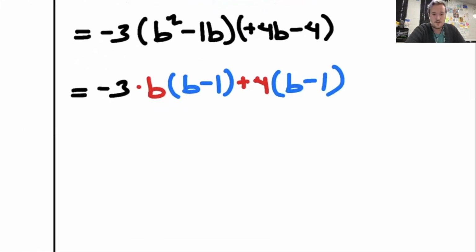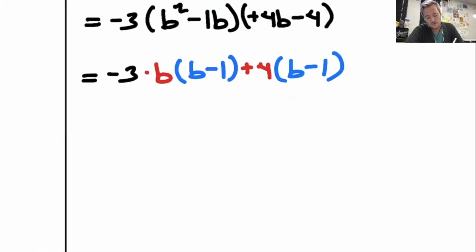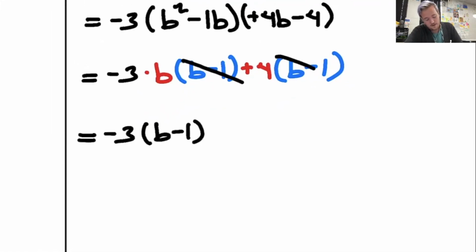So they're the exact same. Now I'm going to rewrite it and take out those values. So negative 3, parentheses b minus 1. Those are gone, and now I have b plus 4, which is written at the end. So this is our final answer.